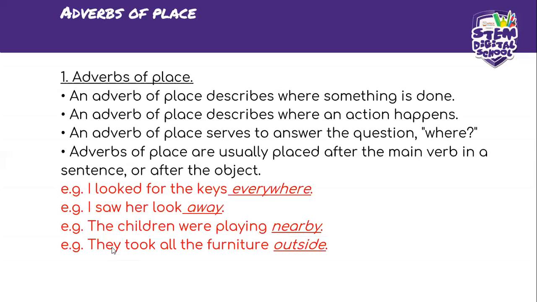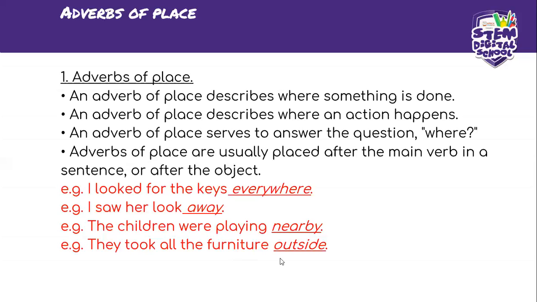Next example. They took all the furniture outside. So if you go home and find your house to be empty, chances are that you will ask about the furniture, and they will say to you, they took all the furniture. Then you will ask, where did they take the furniture? Then they can say outside.